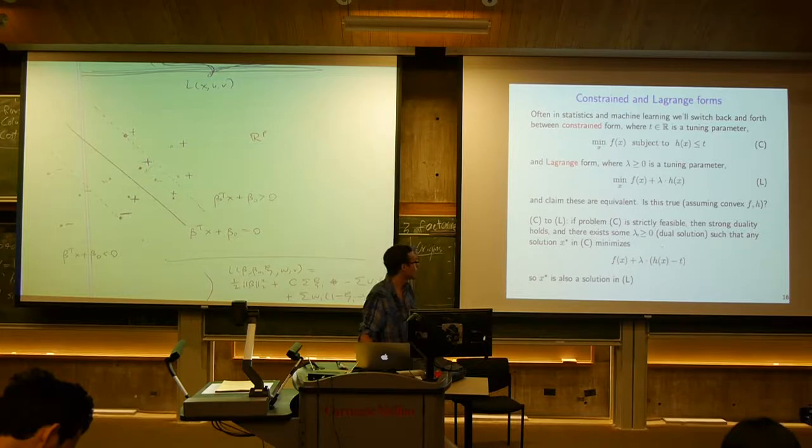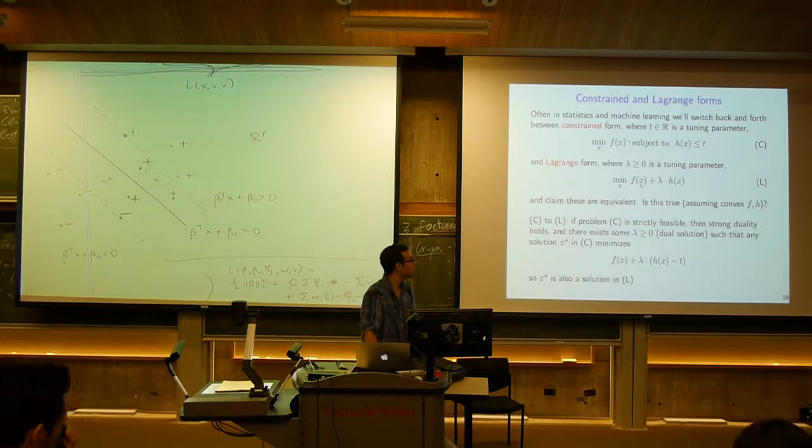So here I'm calling lambda the parameter associated with this constraint. It's the dual variable associated with this constraint, such that any solution in this problem, x star, must minimize the Lagrangian at lambda. So what's the Lagrangian? It's just this, right? f of x plus lambda times h of x minus t. And so because the KKT conditions are necessary under strong duality, I know that the primal solution must also minimize the Lagrangian at lambda.